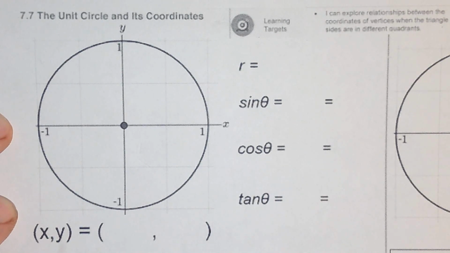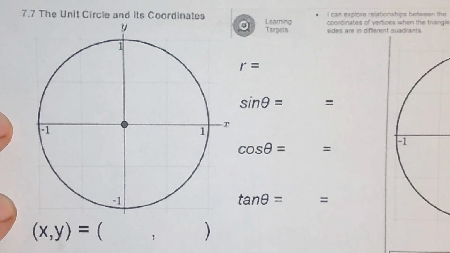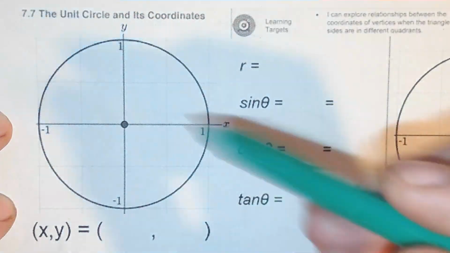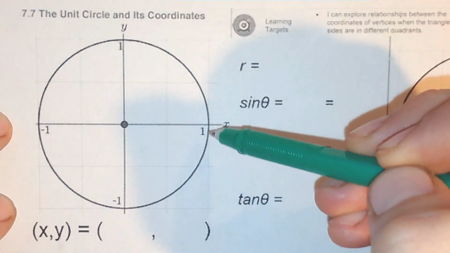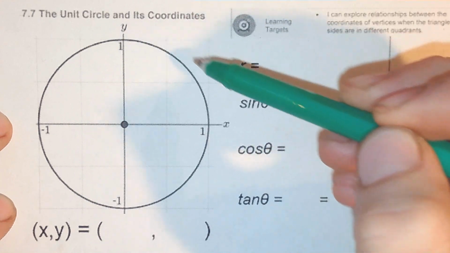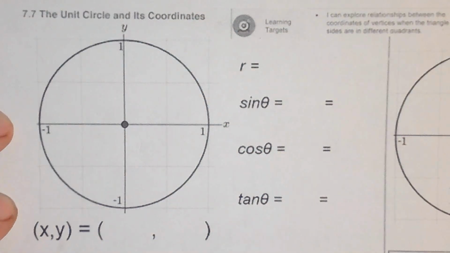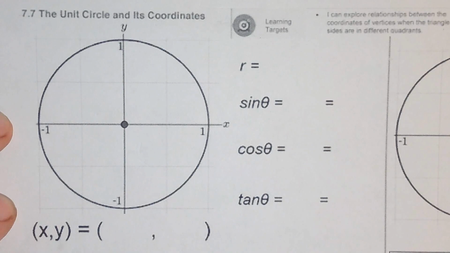We're going to talk about how those are related on the coordinate plane in relationship to a triangle, and if the vertex of the 90-degree angle were on the circumference of that circle, what that coordinate point would be. Right, so let's illustrate what I'm talking about here.